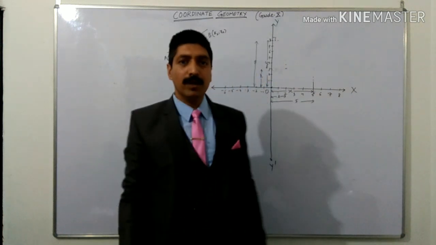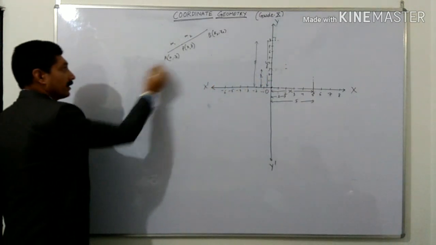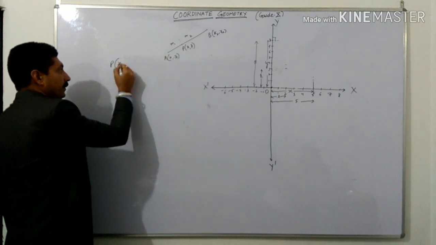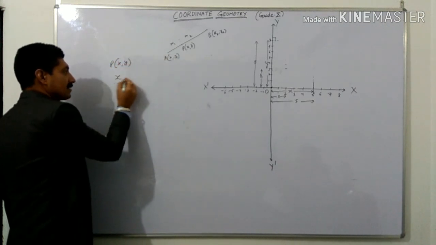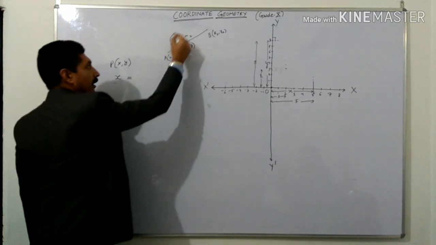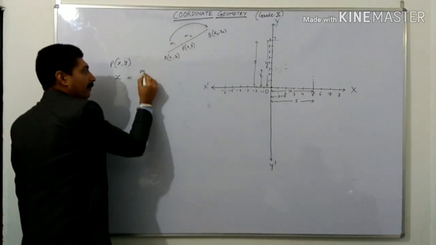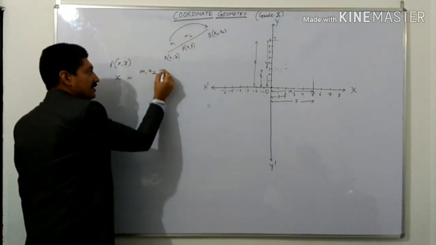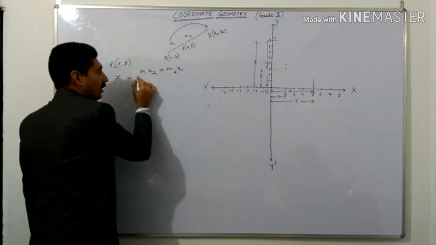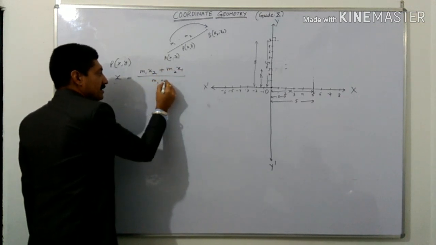So the section formula says that for the coordinates of point P, x is always equal to m1 into x2 plus m2 into x1 upon m1 plus m2.